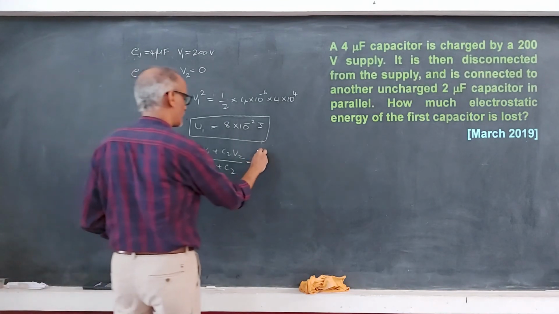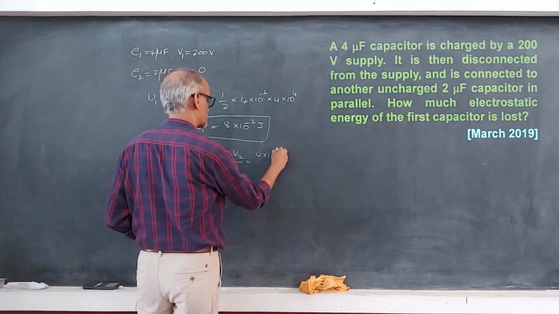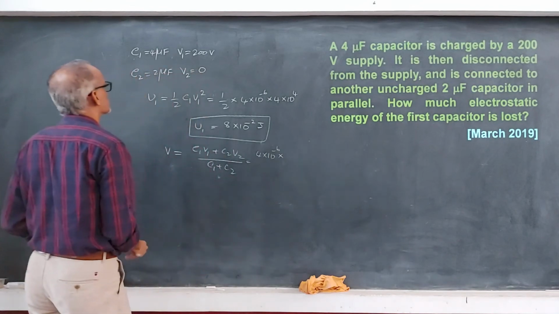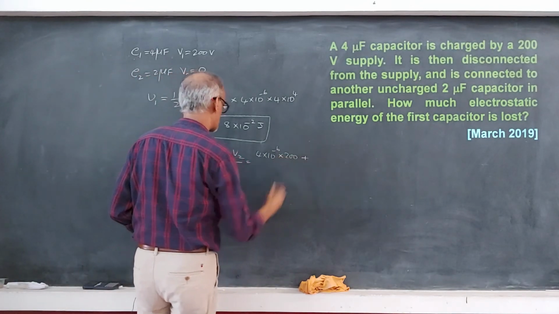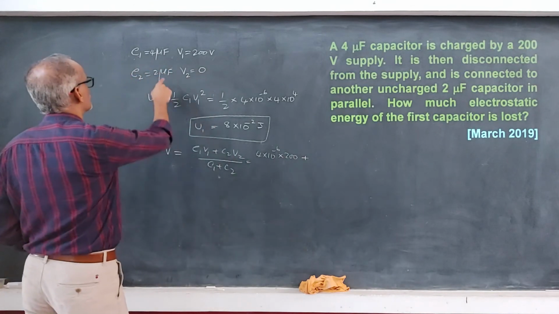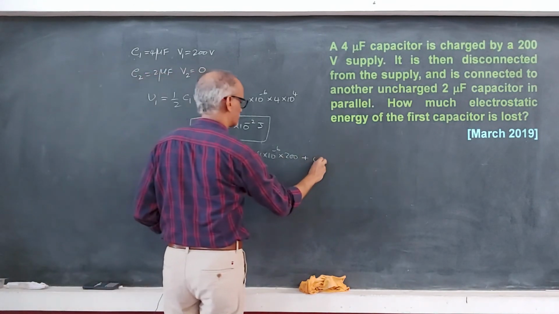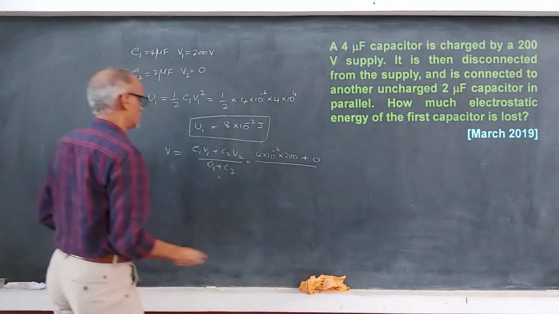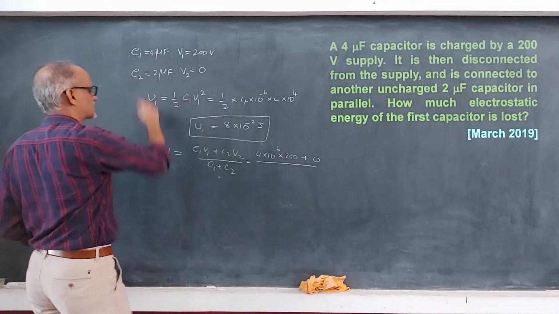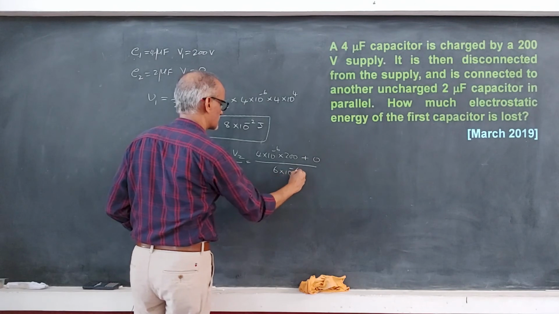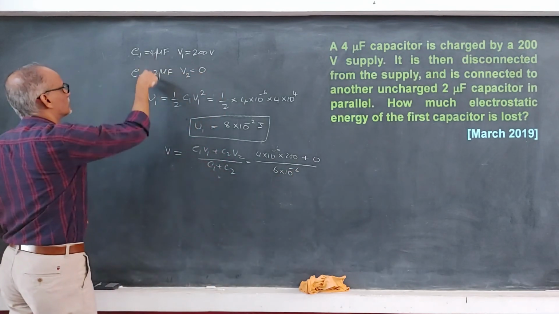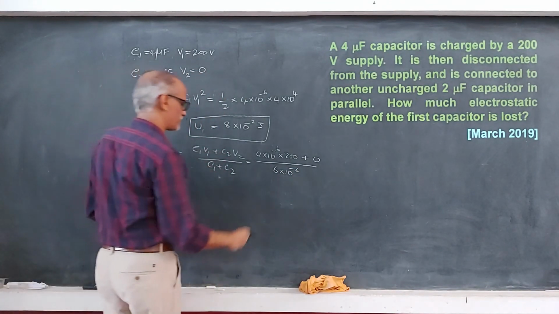What is C1? 4 micro, 4 into 10 to the power minus 6, into V1, which is 200, plus C2 V2, so this is 0, V2 is 0, divided by C1 plus C2, 4 plus 2, 6 into 10 to the power minus 6, correct? 4 plus 2 is C1 plus C2, right?